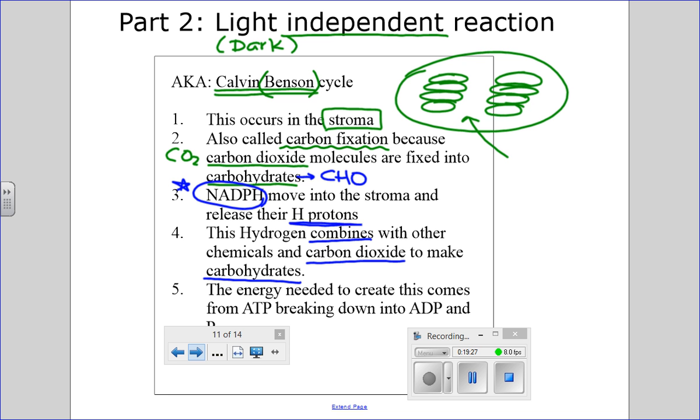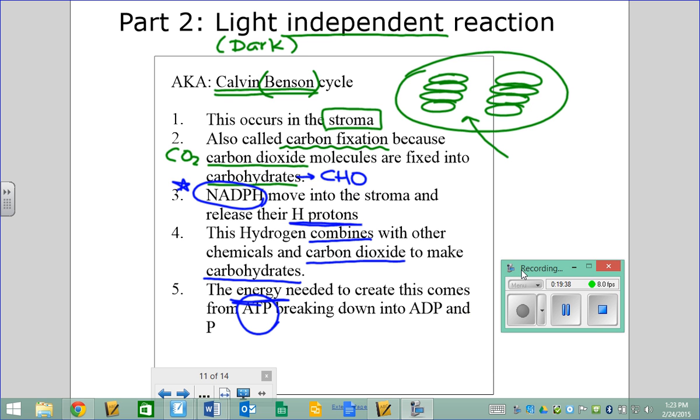Now the other thing that's really important is that I made some ATP in that first part of photosynthesis, and I'm going to use this ATP for energy. So chemical reactions don't just happen. Stuff has to happen to make them start. You might remember that I said in the enzyme section, all reactions have an activation energy, what they need to get them going. And so for this reaction to happen, I'm going to use that ATP that I made during the first part of photosynthesis.